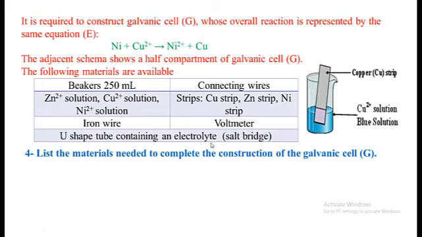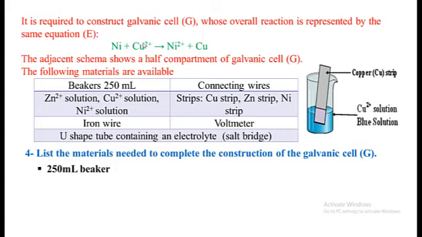Number 4, list the materials needed to complete the construction of the galvanic cell. We want to complete it. We have the half compartment. I want the other half compartment to complete it and become a galvanic cell. And the reaction is between Ni and Cu2+. So what we need is another beaker, 250 ml. We have the copper strip.